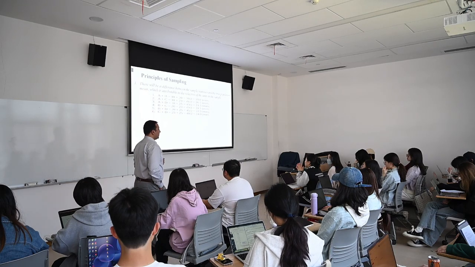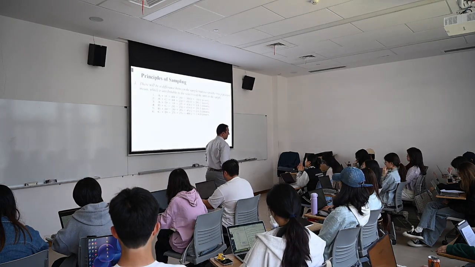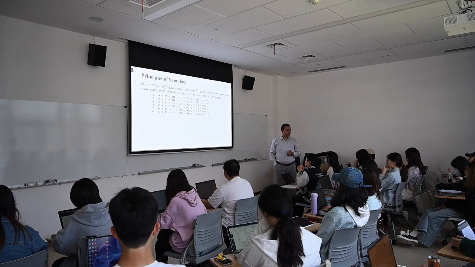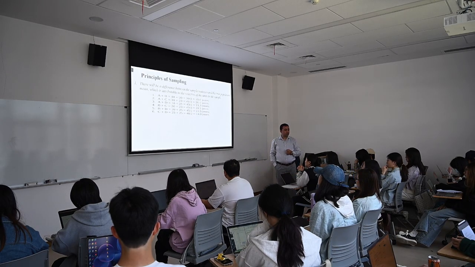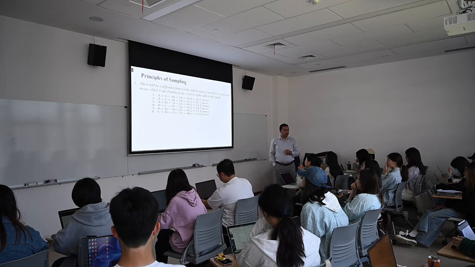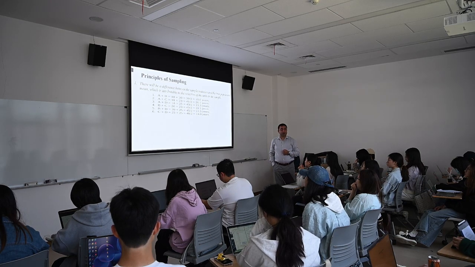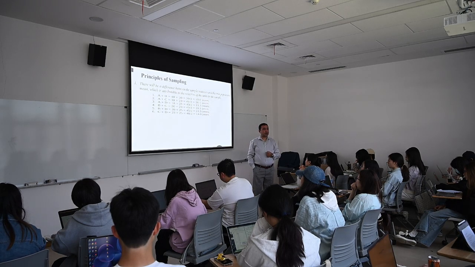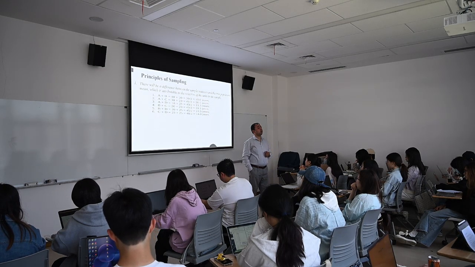So what is the study population? How many people are in the study population in this case? Do you know how many students are in the study population? 4. Okay, A, B, C, and D. This is the study population.